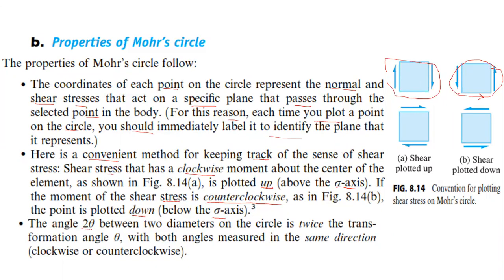So the angle 2 theta between two diameters on the circle is twice the transformation angle.